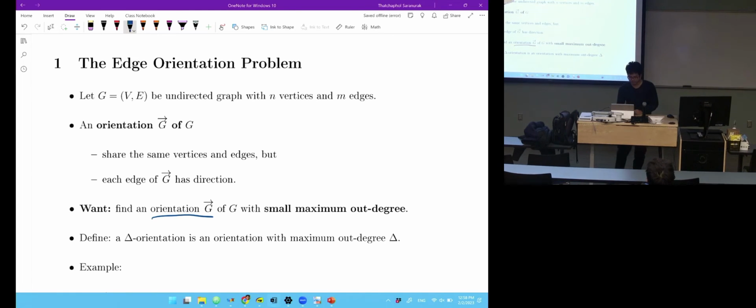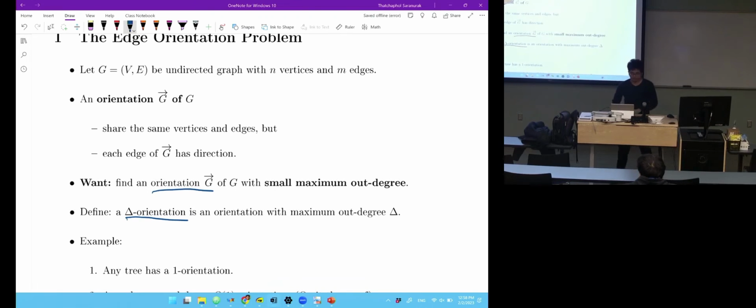And I say that a delta orientation is just an orientation with maximum out degree at most delta. That's just the definition. Now can someone tell me why any tree has a one orientation? If the graph is a tree, there is a one orientation.